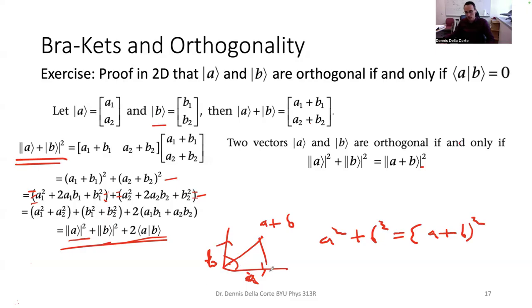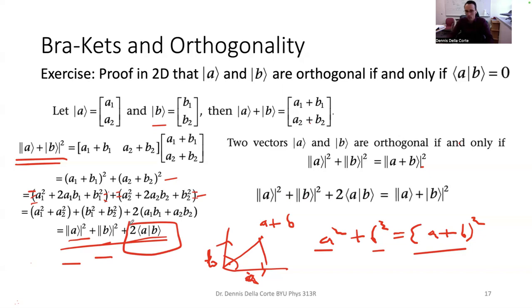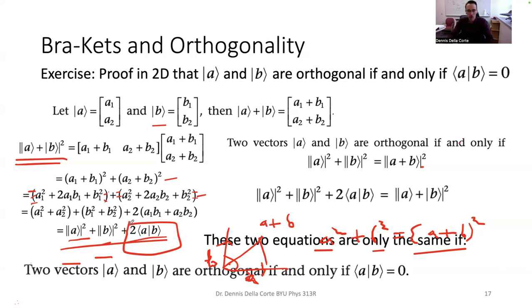So this side square plus this side square is equal to the hypotenuse square. If you compare it to these terms here, we have the A plus B square, the right side, up here, and we have the A square right here and the B square right there. So for these to be equal, we would need to assume that this guy here is nothing, we would somehow need to assume that 2 times the bracket product of A and B is 0.